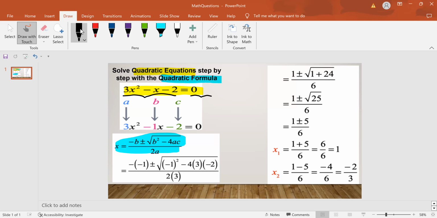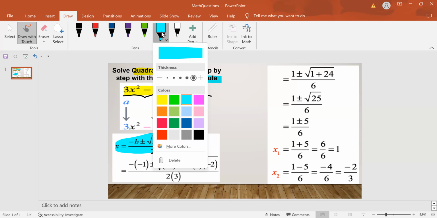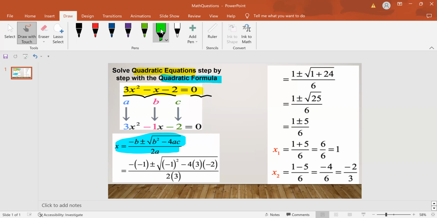Now, when you have the expression on the left side, the number in front of the x squared is a. That's why we have a as 3. Let's highlight again: a is 3. A is not 3x squared. A is 3 because the form has to be ax squared plus bx plus c equals 0.